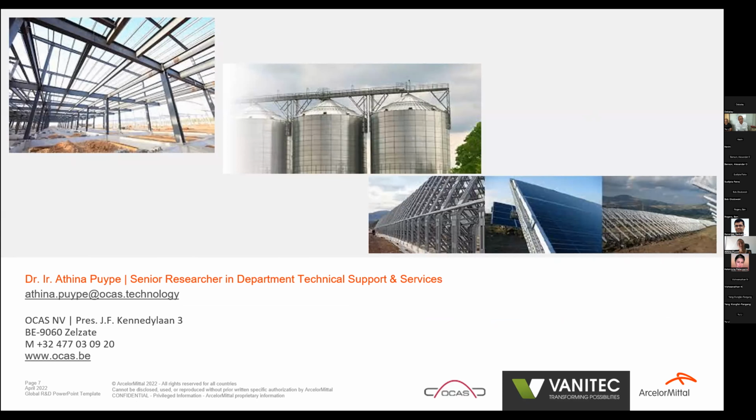Does anyone have any questions or comments on this proposal? I have a question. You're going to look at different combinations of vanadium and carbon and look at how that affects recovery and recrystallization.